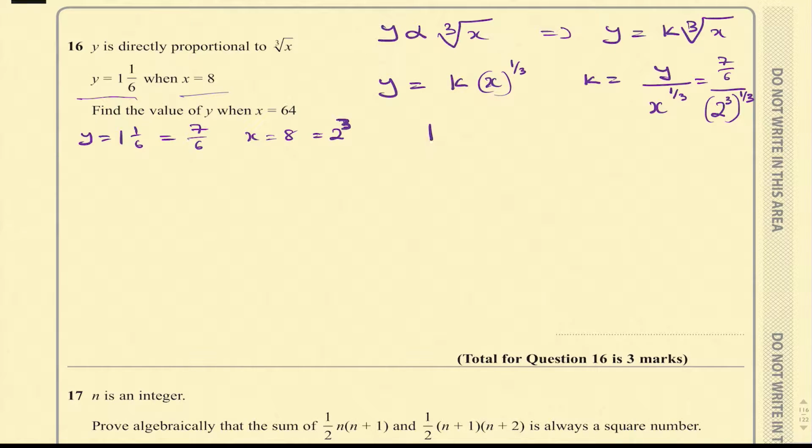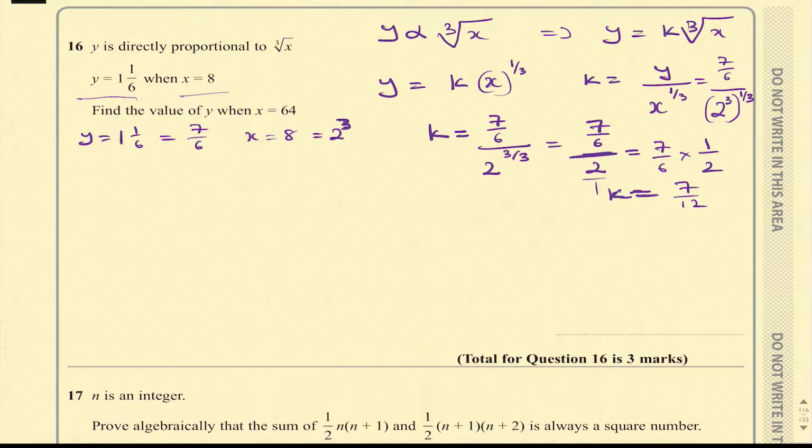And therefore k equals 7/6 over 2 to the power 3/3, which gives you 7/6 over 2, and 2 is over 1, and so I'm going to turn the divide into multiplication, so that will be 7/6 times, I have to flip the other one, the denominator, 1/2, and that gives us 7/12 for k. So k is 7/12.